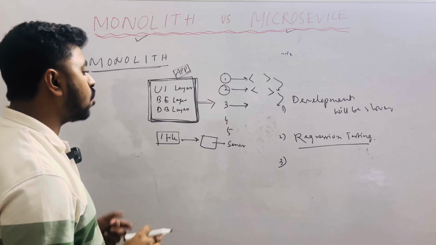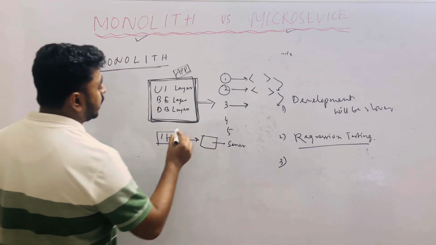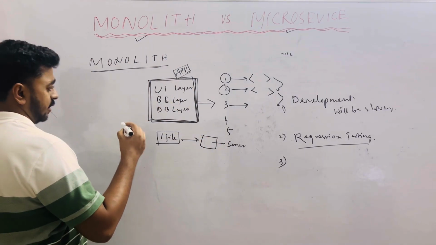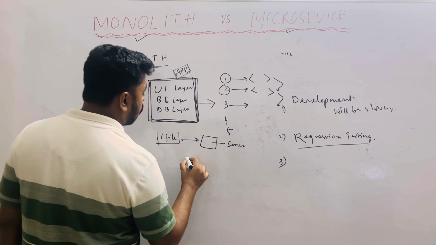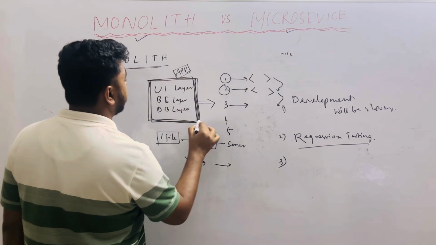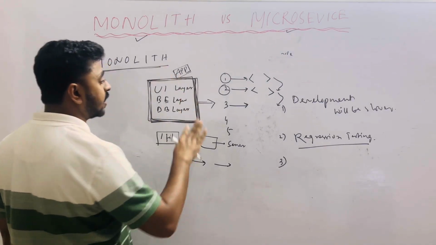So these are a few cons. Pros are also there, because the deployment complexity will be much less, right? And there will be no communication lag, because the services are in one executable file.